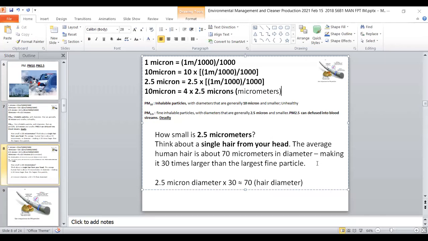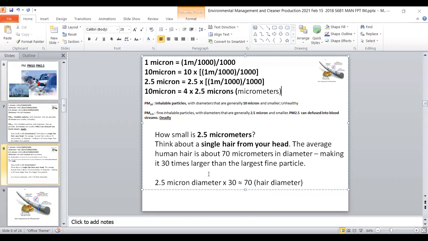So the hair is 70 microns, and 2.5 is 30 times smaller. The other way around, 30 particles of 2.5 micron diameter are equivalent to the diameter of a hair.